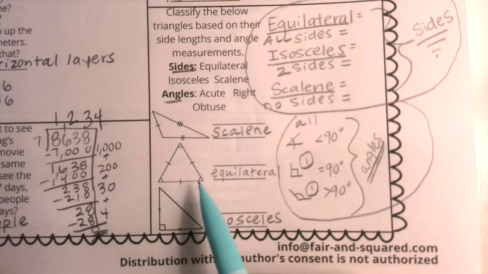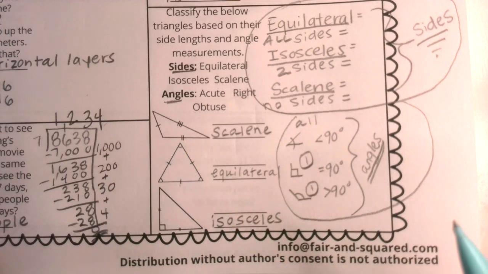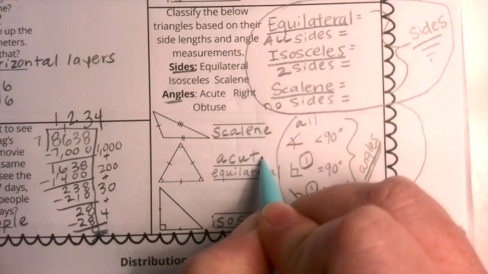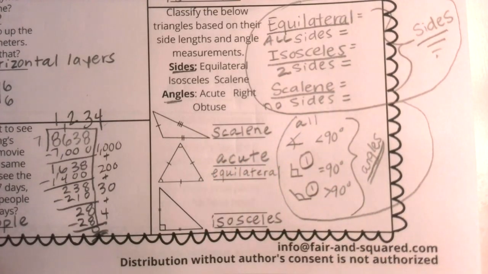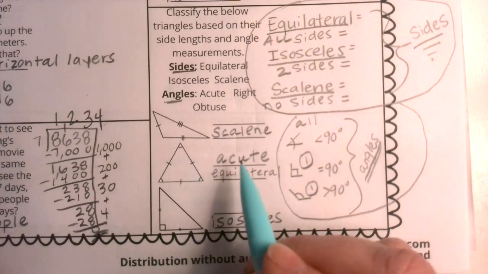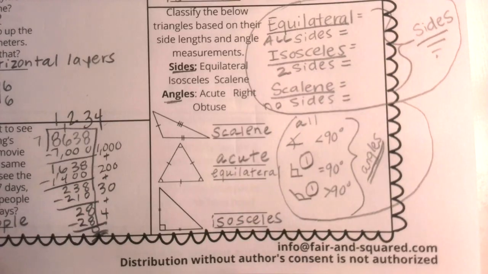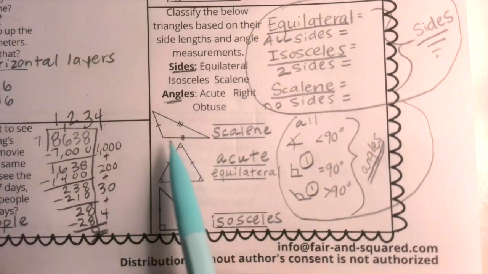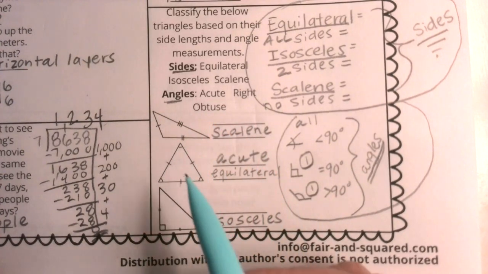So the largest angle that it has is acute. They are all acute. All three angles are acute. So we call this an acute triangle. And in its best classification, we call it acute equilateral because we've classified it by its angles and its sides. Okay. Now, when I take a look, let's go back up to this top one.